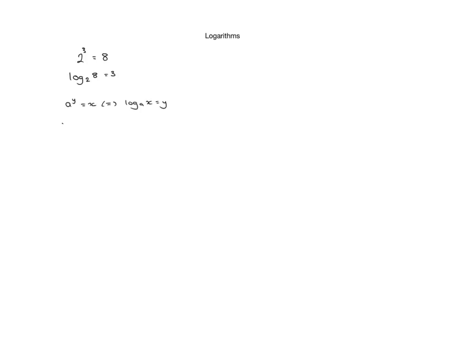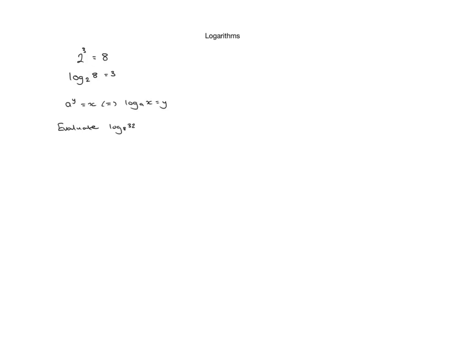So I'm going to evaluate log base 8 of 32. What that basically means, as said before, is if we look at the index from base 8, how do we get the answer 32?